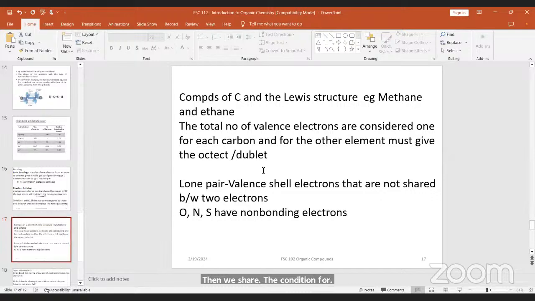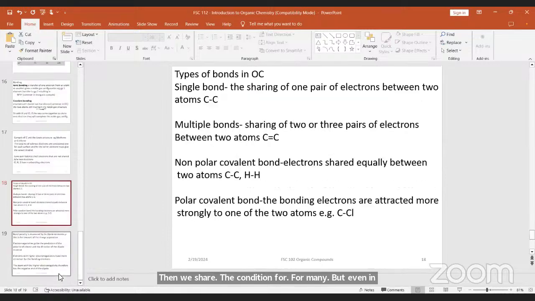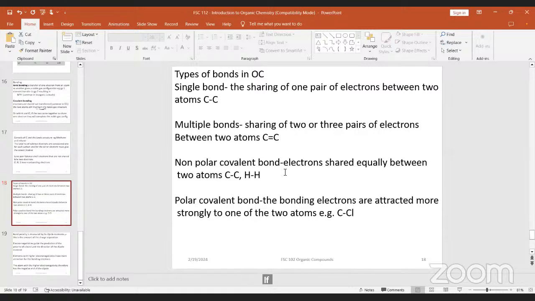But even in having covalent bonding, you could have different types of covalent bonding. There is what is called a pure covalent bonding, and we have what is called a partially ionic covalent bonding. If carbon is bonding with another carbon, you know they are both the same.